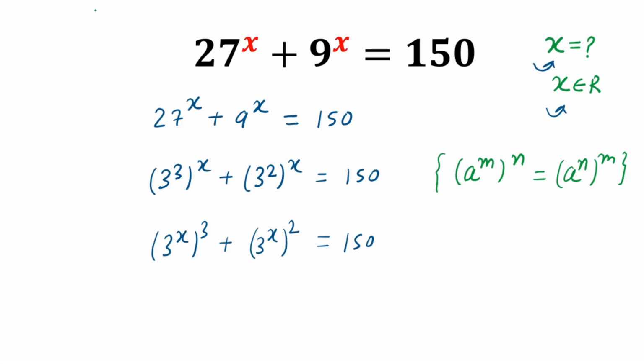Now here we will apply substitution: if we substitute 3^x = m, then m^3 + m^2 = 150.